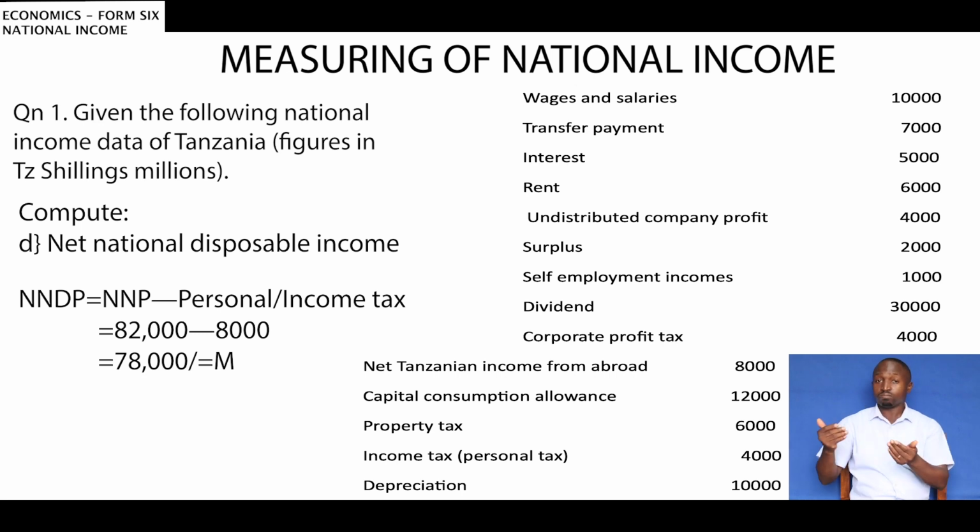Another way to say it, it is income ready for consumption or saving, but already deducted of income tax. So net national income from B is 82,000, minus income tax, which is tax levied on people's incomes, 4,000 according to our question. So we get 78,000 Tanzania millions.